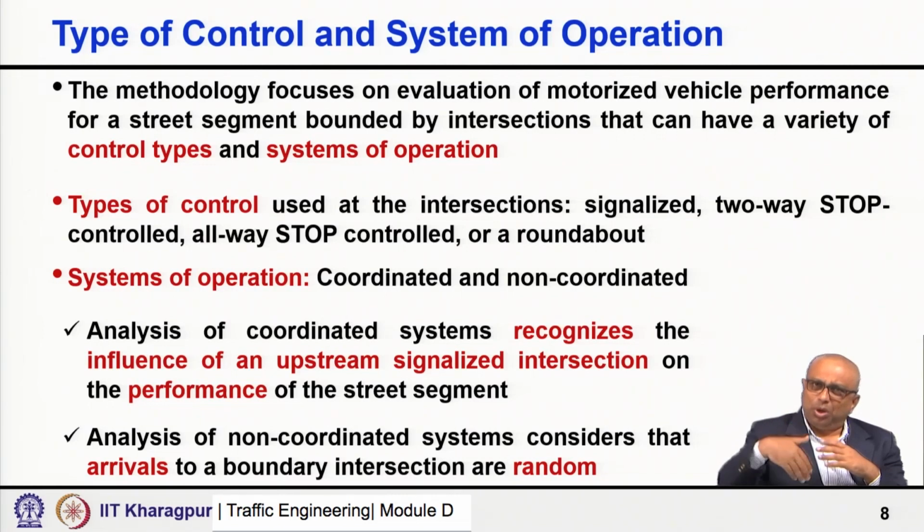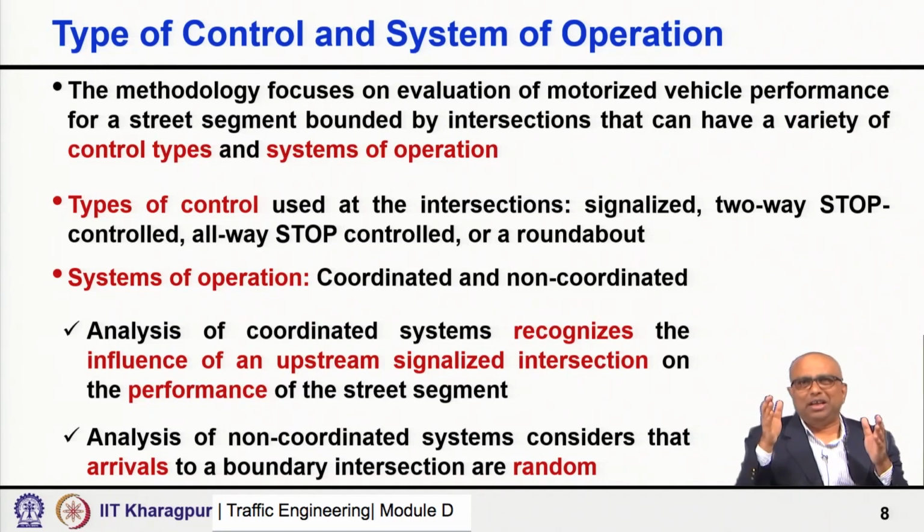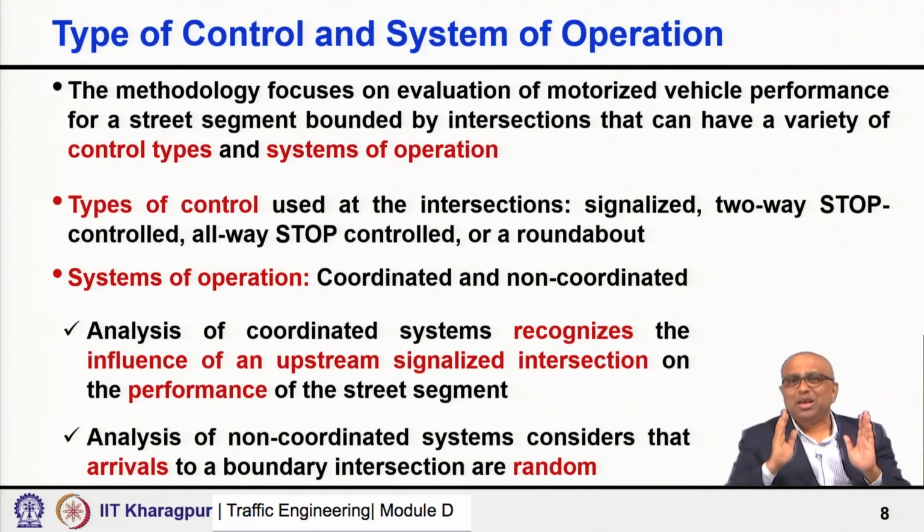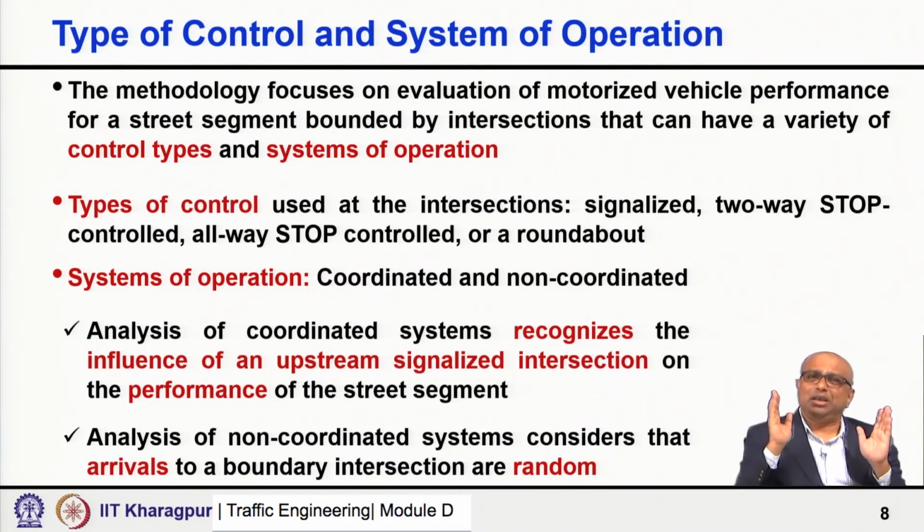But that is basically non-coordinated operation. Often you will find traffic moves along a corridor, and typically the direction of movement is very important, because in most cases you will find heavy vehicle traffic traveling along a major arterial towards the city center or CBD. In the evening, the travel is happening mostly in the other direction.